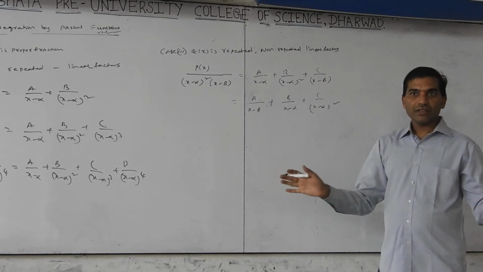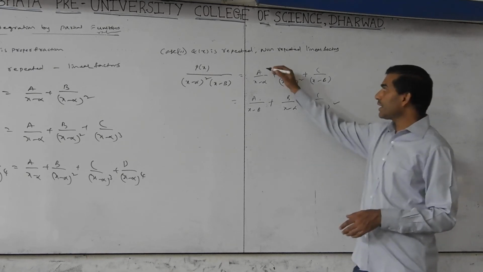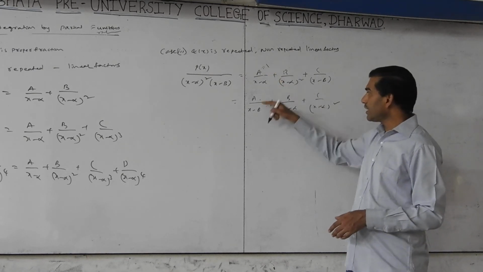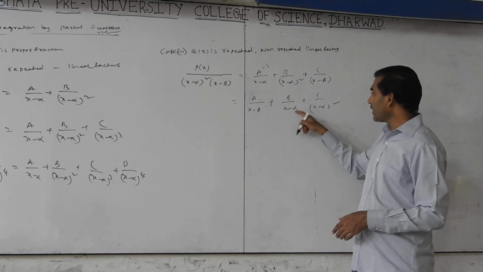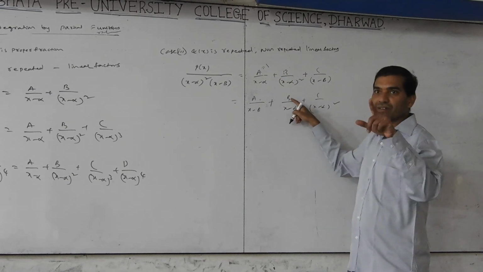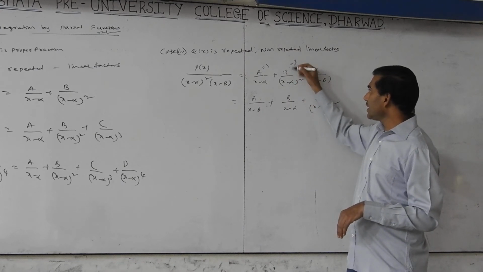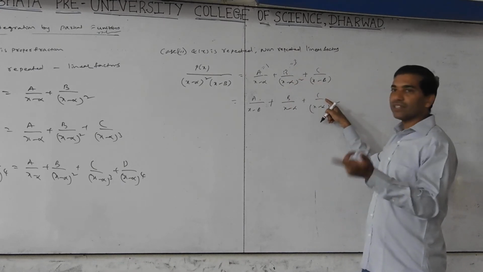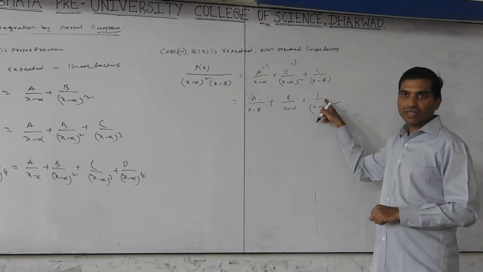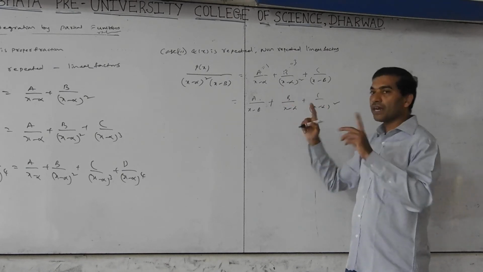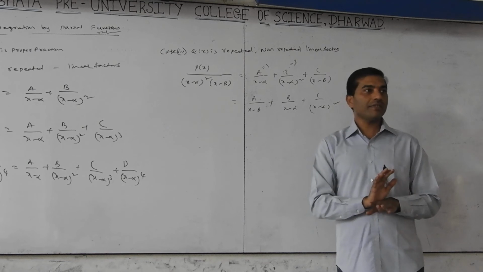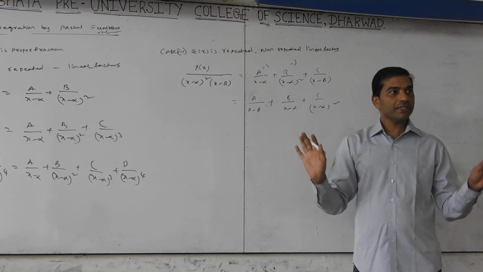After solving for A, B, C, for example, here A is 1, then B will be 1. If B is 3, then here we will get C is 3. Now by seeing the constants it looks different, but after getting the A, B, C values, the answer will be the same.